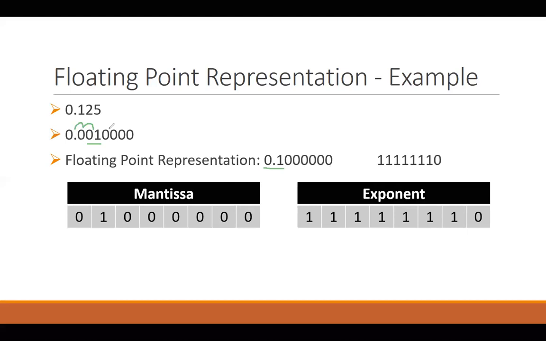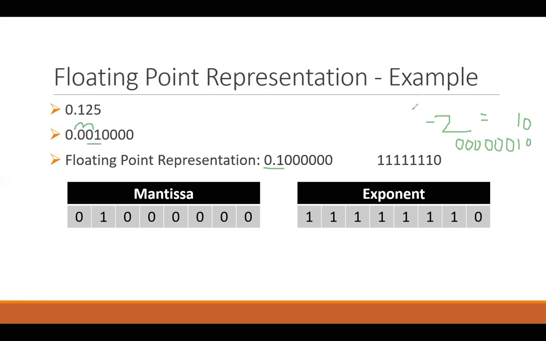But since I have moved my decimal point in this direction, to the right, I'm actually gaining -2. And the binary of -2 is 1 0. You know that if I have to complete 8 bits with it, it is going to become 6 zeros and a 1 and a 0.